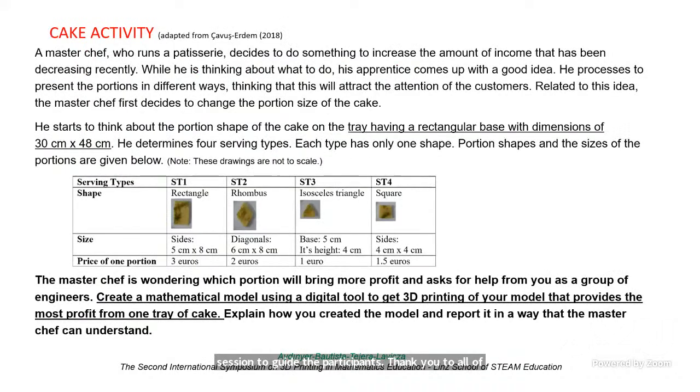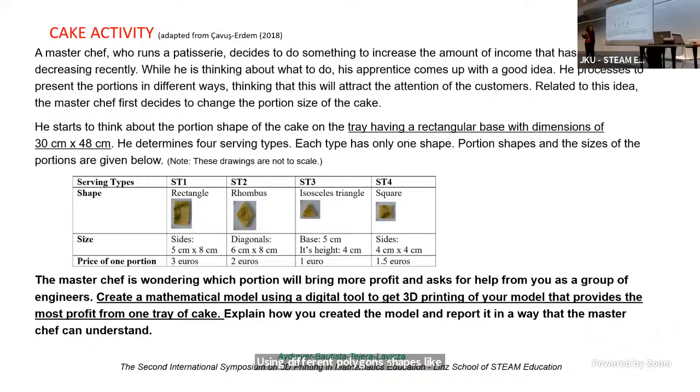This is the activity. I want to summarize it very briefly. This is for using 2-dimensional geometry mainly. You have a rectangular base tray. There is a cake inside it, and you want to serve it using different polygon shapes, like rectangle, rhombus, isosceles triangle, and square. We gave particular dimensions and also the price of each portion.